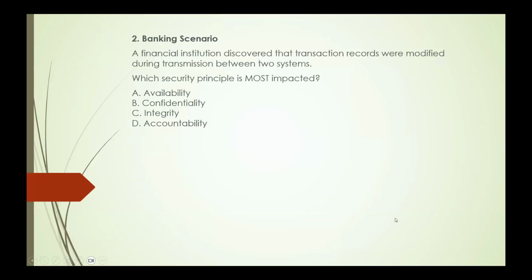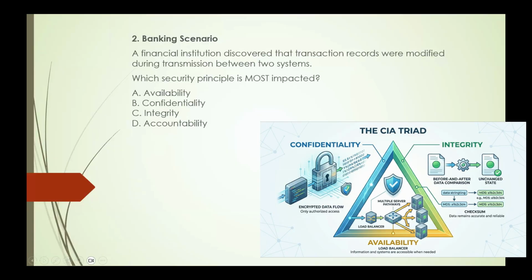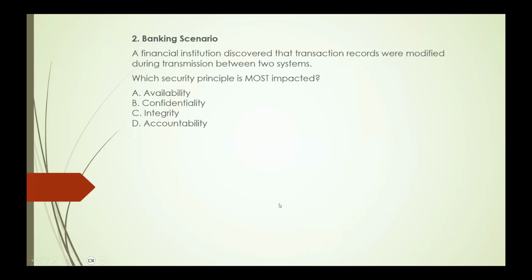The second question is about a banking scenario. A financial institution discovered that transaction records were modified during the transaction. Which principle is most affected? It's not availability. Let's take confidentiality, integrity, and accountability. Accountability is not there, so it's between B and C. Whenever confidentiality comes, what question do we have to ask ourselves? We saw it in the easy memory trick slide: who can see the data?